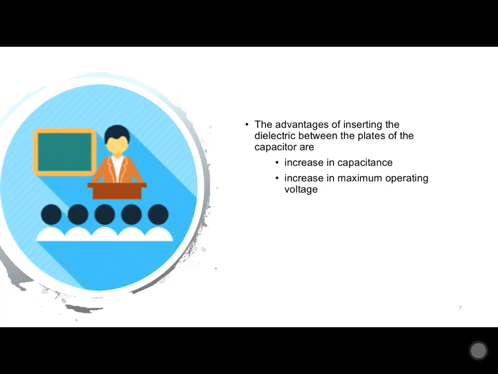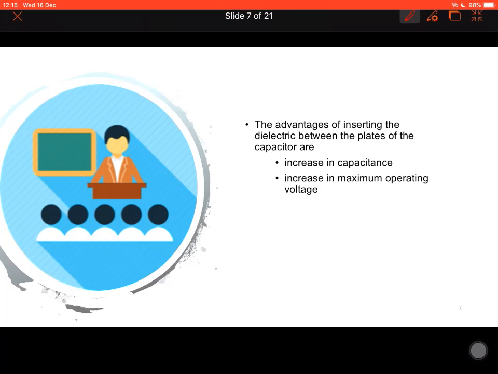This is due to the equation V equals E D. So the distance separation will affect the voltage. So we may achieve a maximum voltage by increasing or decreasing the D.